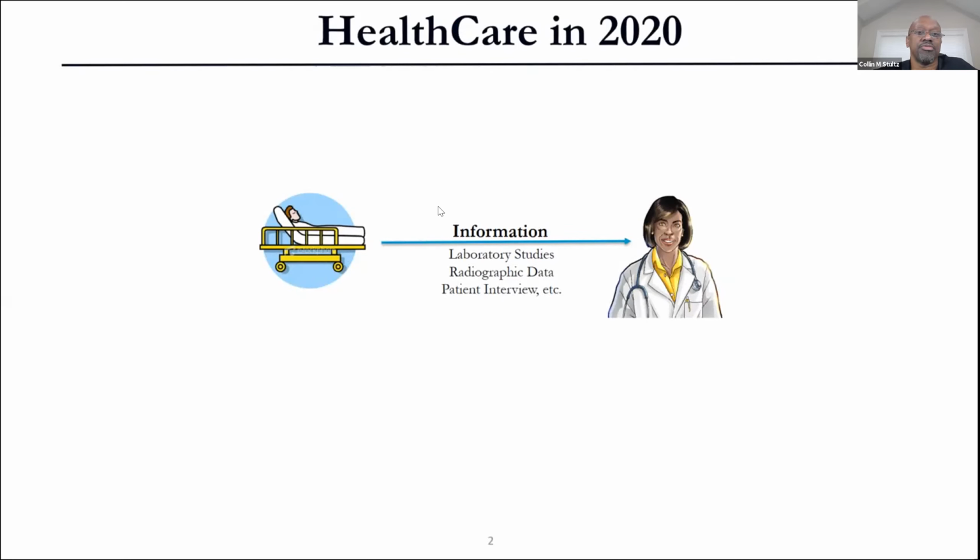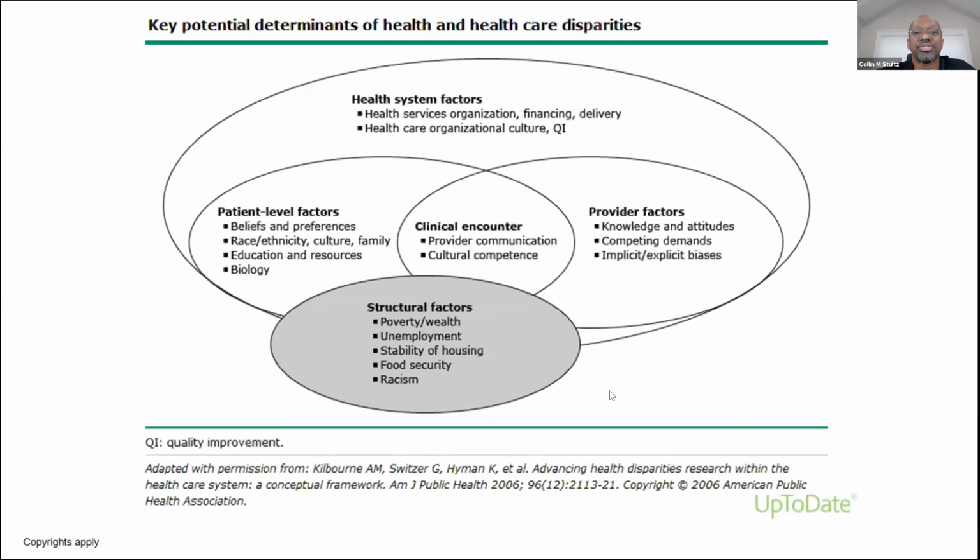Information comes in a variety of different forms, and the provider uses this information to make decisions with respect to the patient, the medications and procedures that will benefit that patient. As I mentioned earlier, though, there are lots of issues that come into play here, in that these decisions do not happen within a vacuum. There's a context and additional features that can make the decisions non-optimal for the patient.